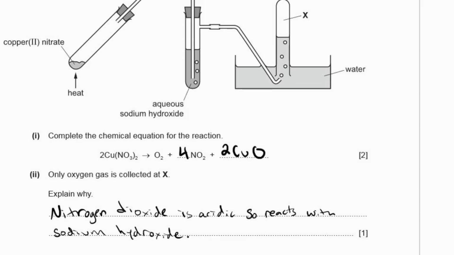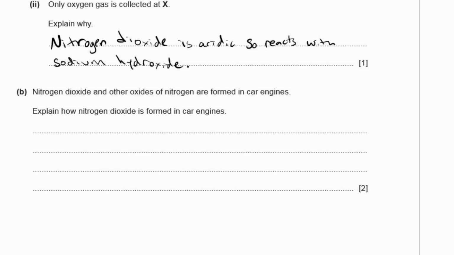All right, moving on. B. Nitrogen dioxide and other oxides of nitrogen are formed in car engines. Explain how nitrogen dioxide is formed in car engines. So the reason why nitrogen dioxide could be formed in car engines is because there's a lot of nitrogen and oxygen in the air that comes into the engine.